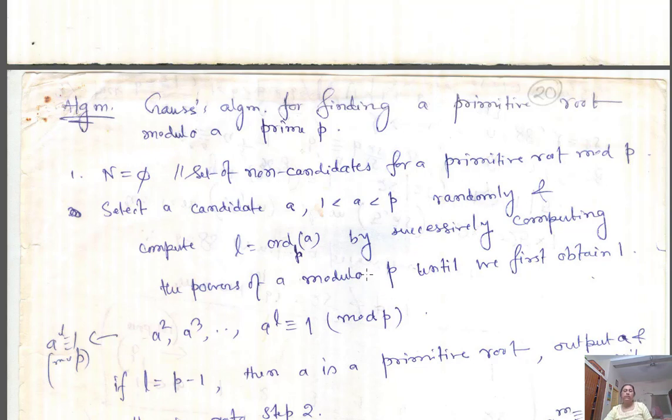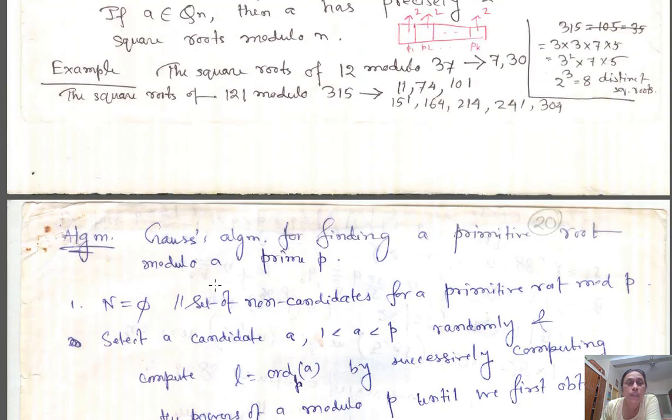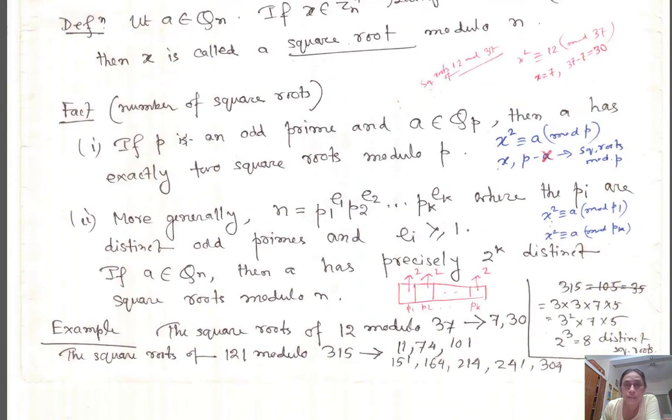Instead of starting from the lowest possible primitive root, it randomly selects an element and checks whether it is a primitive root or not. And the next one, it actually reduces the search space. That is the optimization made here. Okay, so let us stop here.